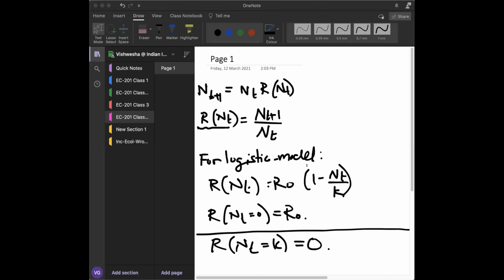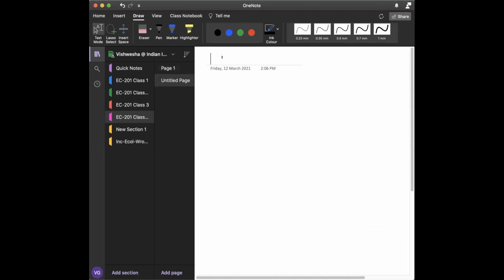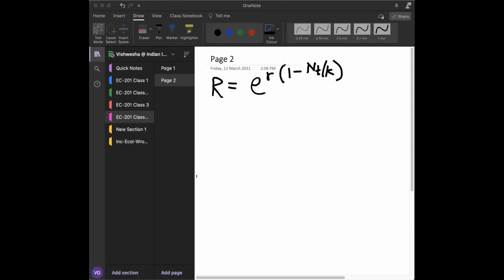Now the third question. In the third question we have R equal to e power R times (1 minus Nt over K). Is that right? This is the exact form I used. Yes, sir.